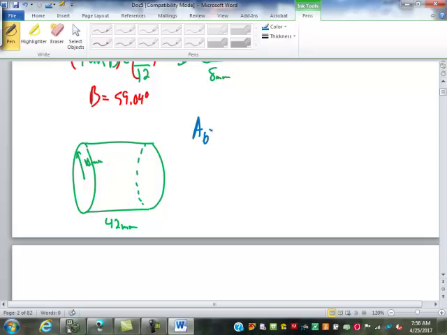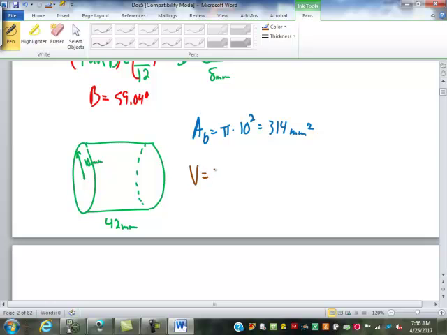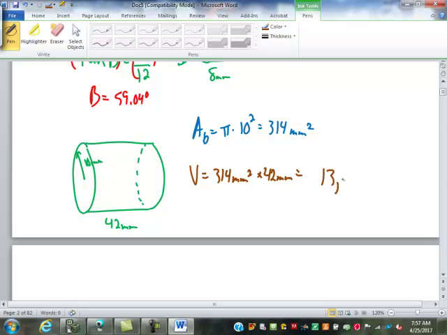So the area of that base is pi times 10 squared, which is 314 millimeters squared, giving us a volume of that 314 millimeters squared times 42 millimeters of height. 13,188 millimeters cubed.